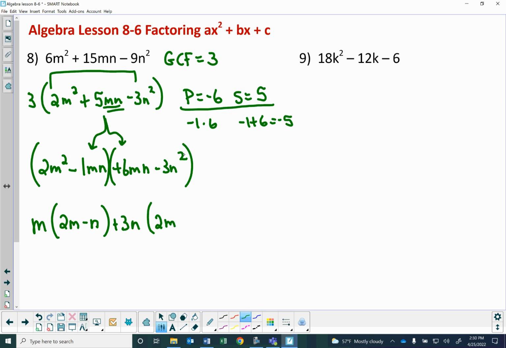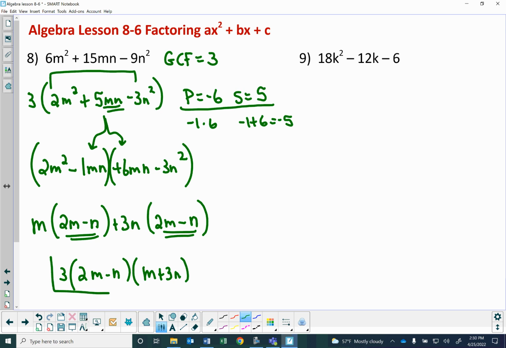Negative 3n squared divided by positive 3n is minus 1n. So there we have our common term, 2m minus n. What's left over, m plus 3n. And our GCF that we took out to begin with, which was 3. And that's the factorization of that problem.